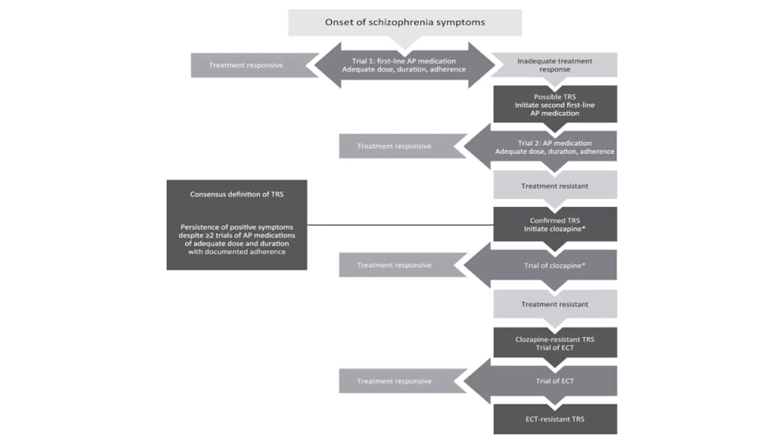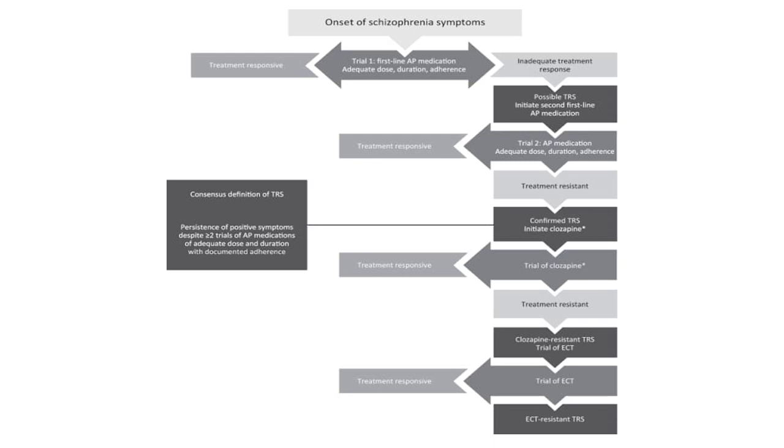So now we will move towards trial 2, in which we give antipsychotic medications to the patients with adequate dose, duration, and adherence. There might be a chance that the treatment is responsive, and if the treatment is resistant, or there is a treatment failure, then we are confirmed that this is a treatment resistant schizophrenia.